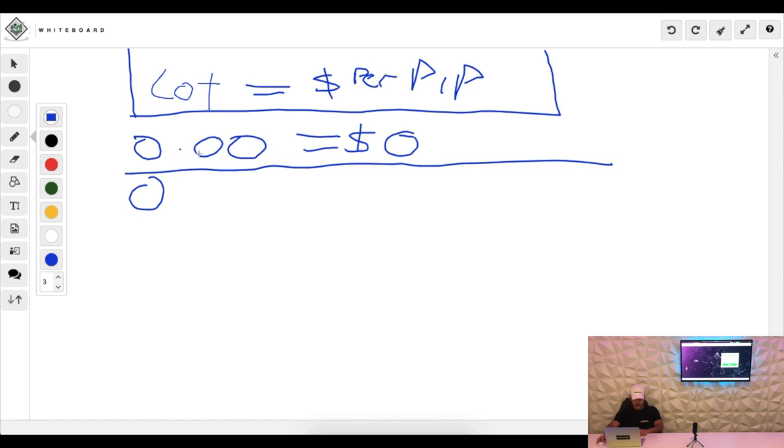Alright, so 0.00 equals $0 per pip. 0.01 equals 10 cents per pip.